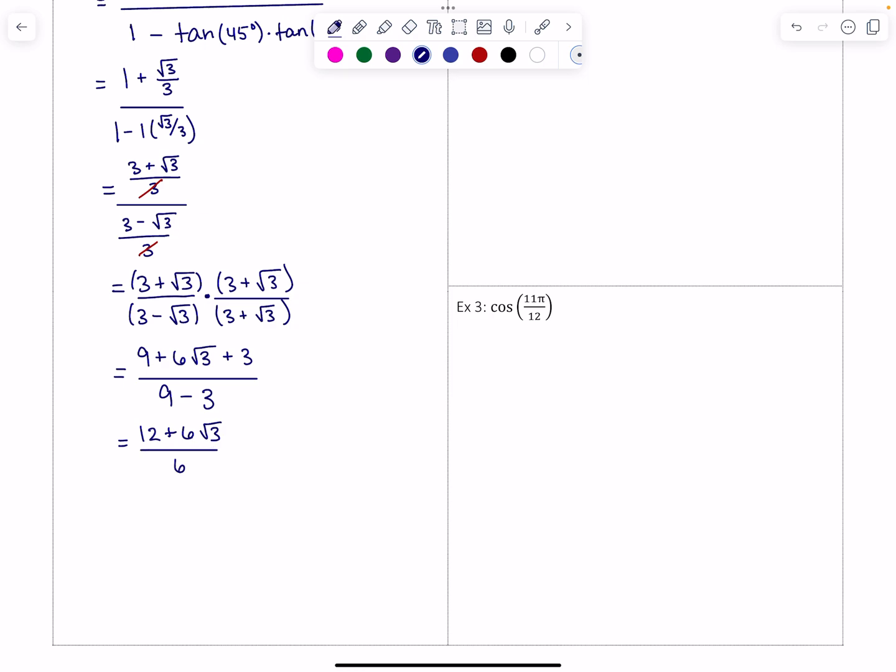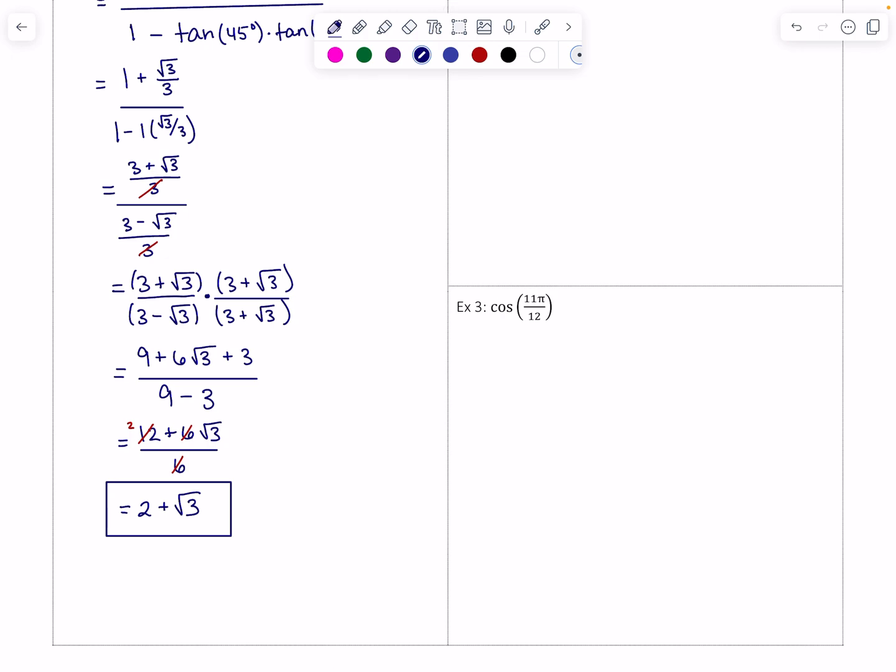And we can go ahead and reduce some things. So 6, 6, 12, this becomes 2. So final answer here is 2 plus root 3. And we did it. So you just evaluated tangent of 75 degrees, and tangent of 75 degrees is equal to 2 plus square root 3.